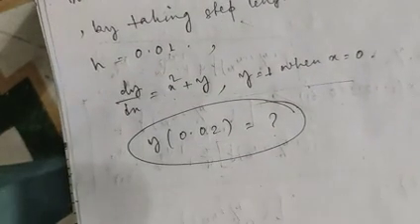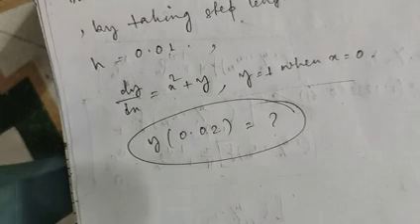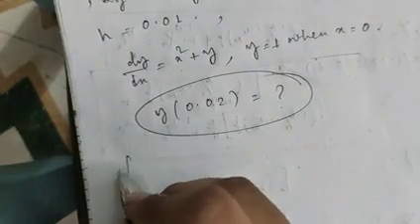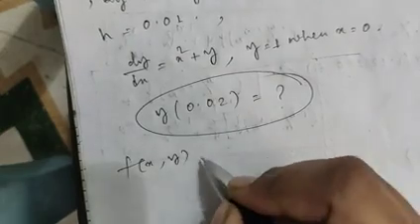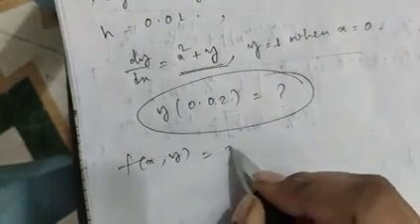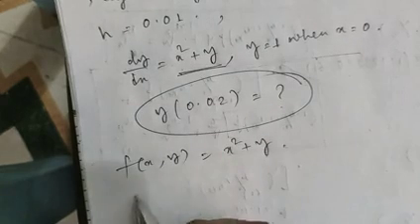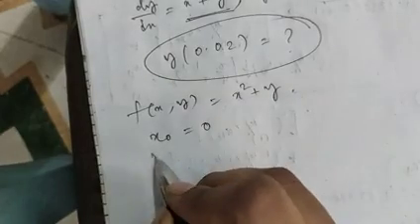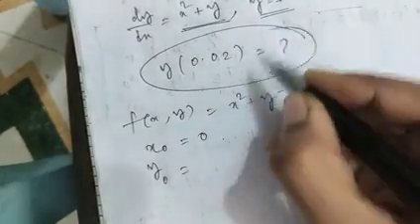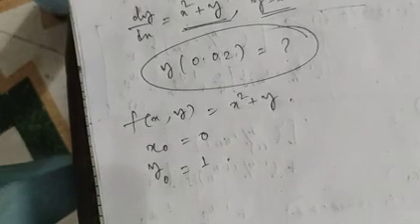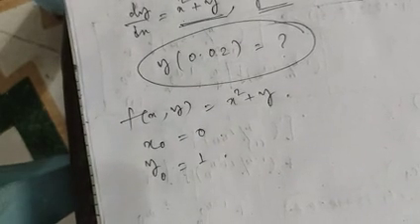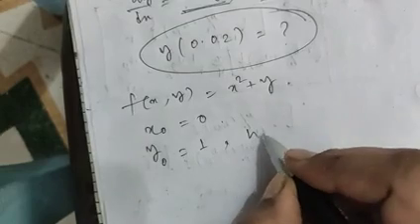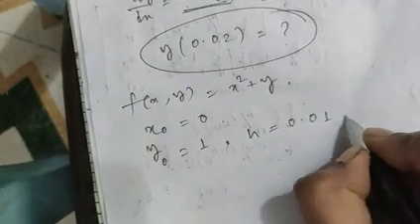So by comparing with the general initial value problem, we can say that for this problem f(x, y) is equal to x square plus y, x0 is equal to 0 and y0 equals the initial value, that is 1. And step length h is given as 0.01.